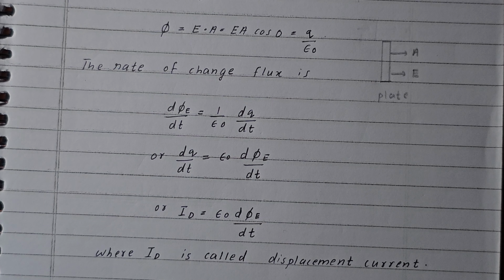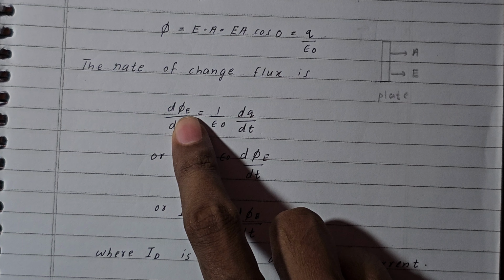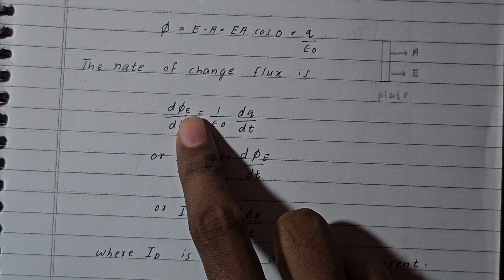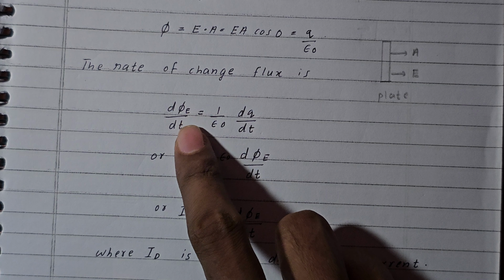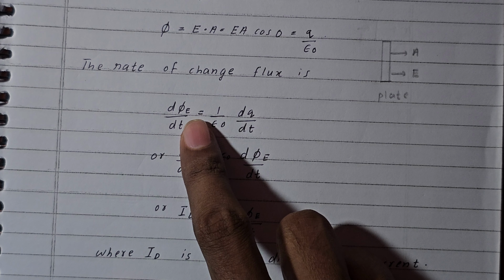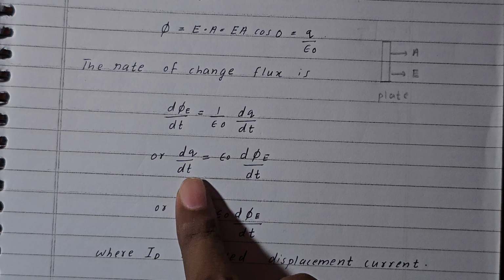The rate of change of flux is d phi E by dt is equal to 1 by epsilon 0 dq by dt. Here phi E is the electric flux, so d phi E by dt is the rate of change of electric flux.